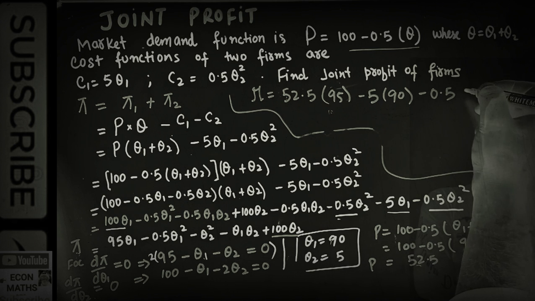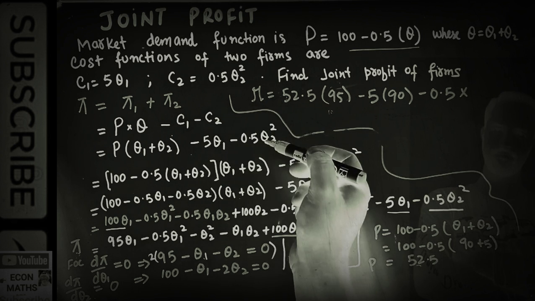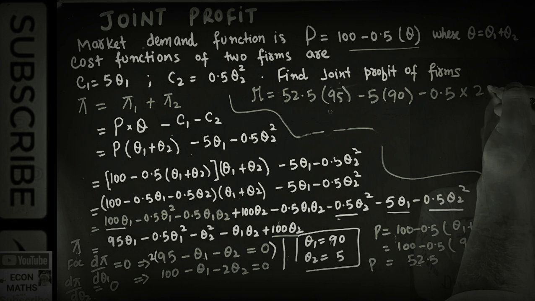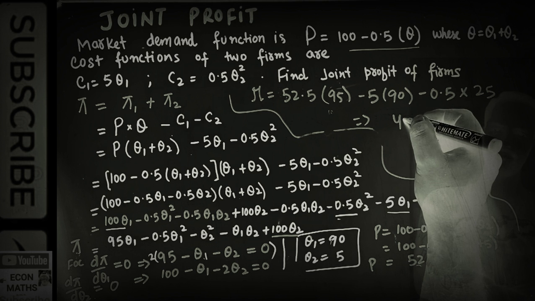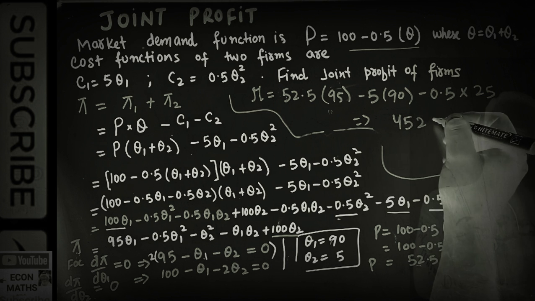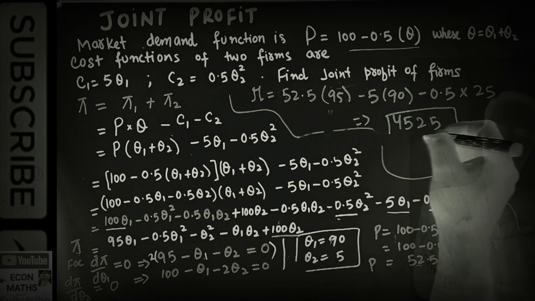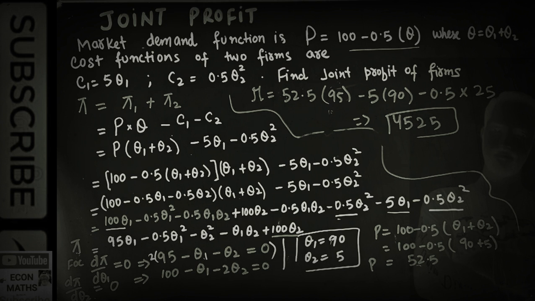Here q2 is 5, so q2 square is 25. Solve this out, and you will get a profit of 4525. I am sorry I cannot do the calculation here.